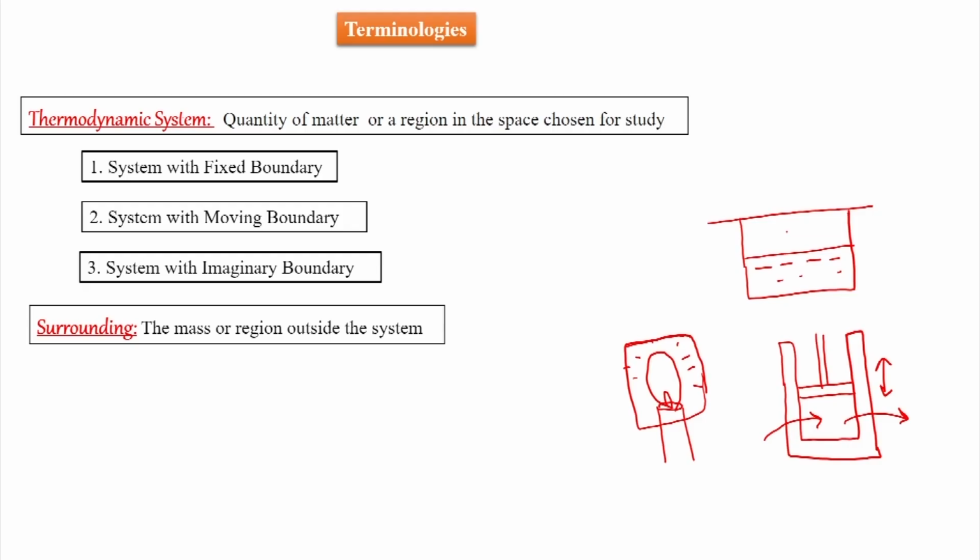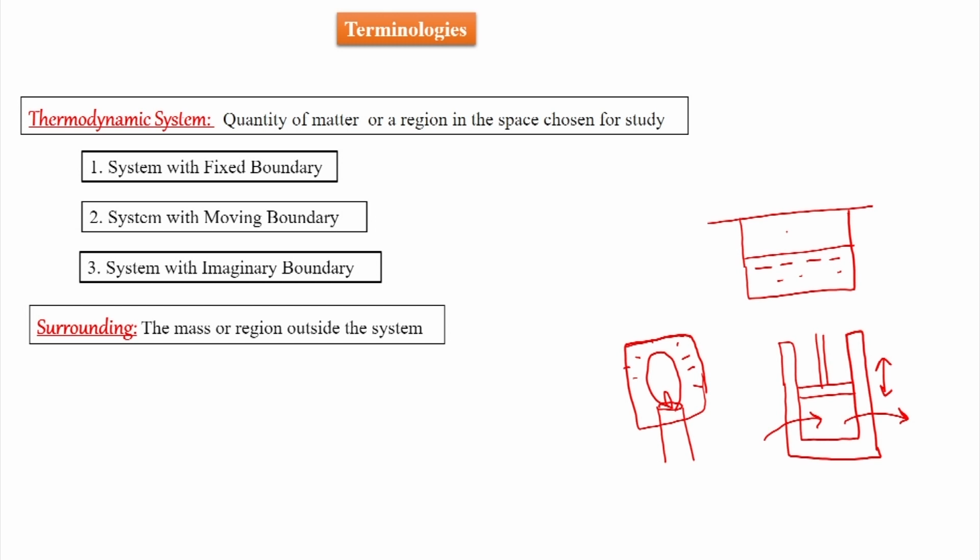By defining the boundaries of the system, we are defining a certain region, or by focusing upon a certain mass, we are focusing on that mass of the system. However, we are then excluding certain mass and certain volume.